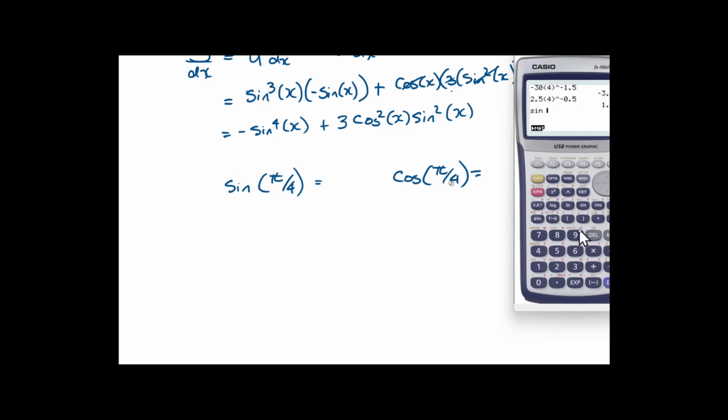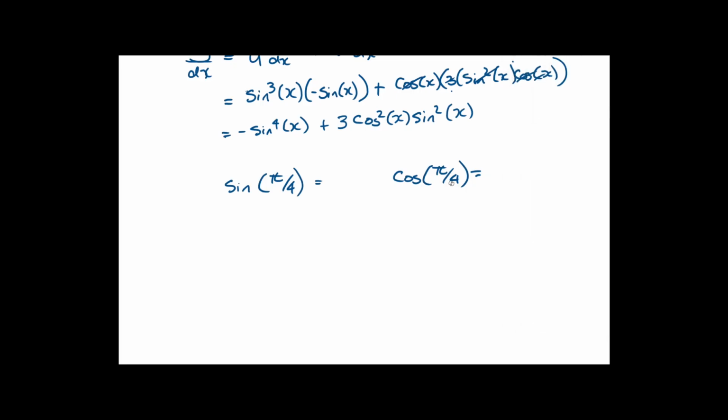So sine of pi over 4 is, I know that it's square root 2 over 2. It's one of those ones, and back in the old days you had to memorize them, but it's going to be square root 2 over 2.